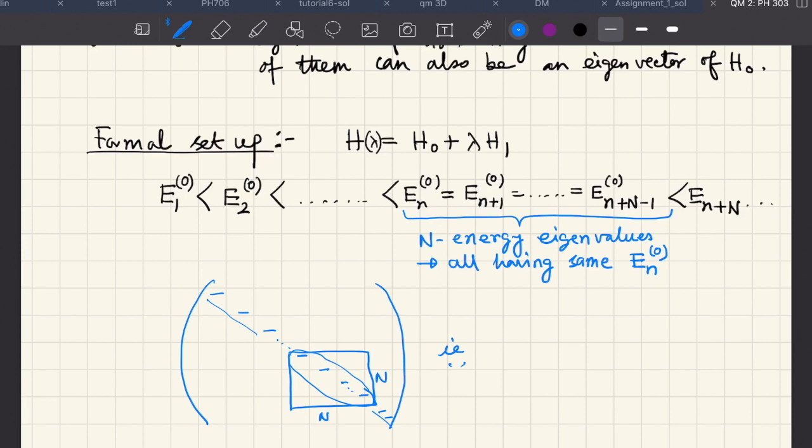That is, H_0 is basically a diagonal matrix E_1^0, E_2^0, and so on, until it reaches E_n^0, and there are N such equal numbers in this diagonal.